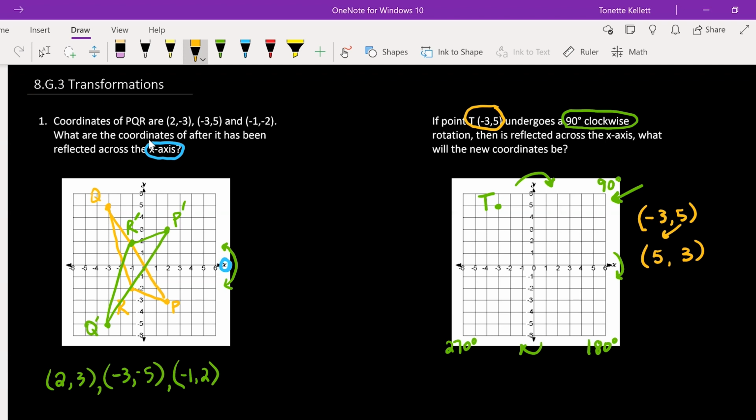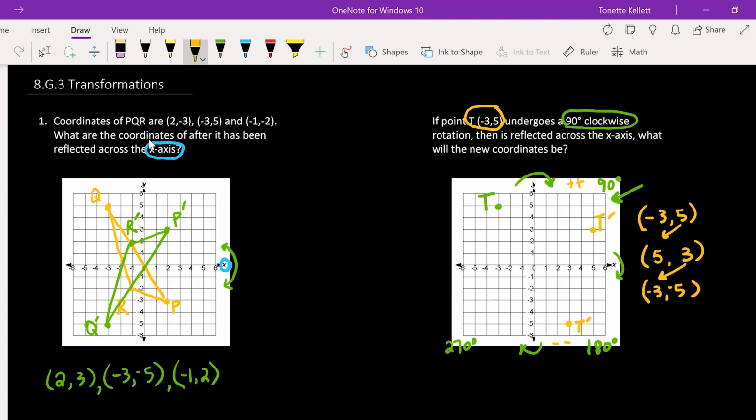And I know in that first box, the signs are plus, plus, positive, positive. So I just go to 5 and up 3, and there's my new T. If I were to do it again, 2 turns, I would switch my 3 and my 5 again. And I know down here, it's negative, negative. So they would both be negative. So -3, -5.